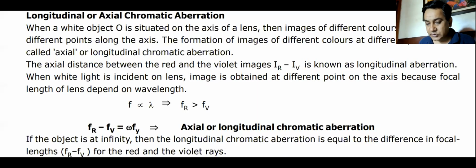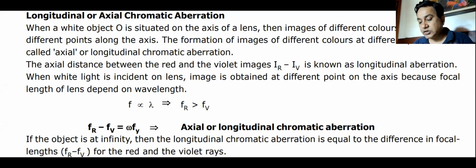Then let's start. Now, what we have seen is violet and the red light get focused differently, and therefore we have a focus for violet light, a focus for red light, and similarly a focus for blue light, green light, and so on. That takes us to the next term that we are going to understand.